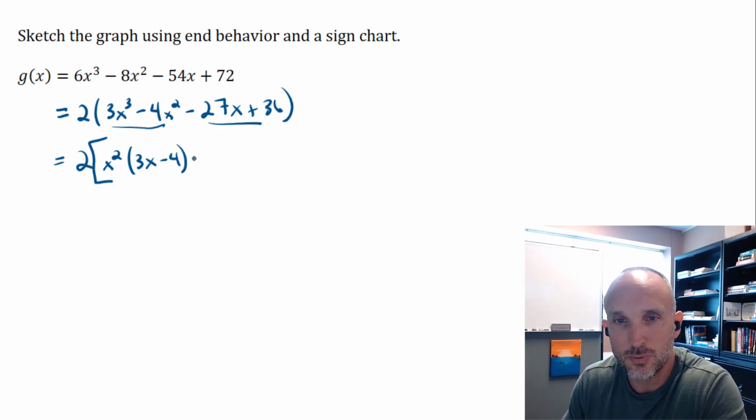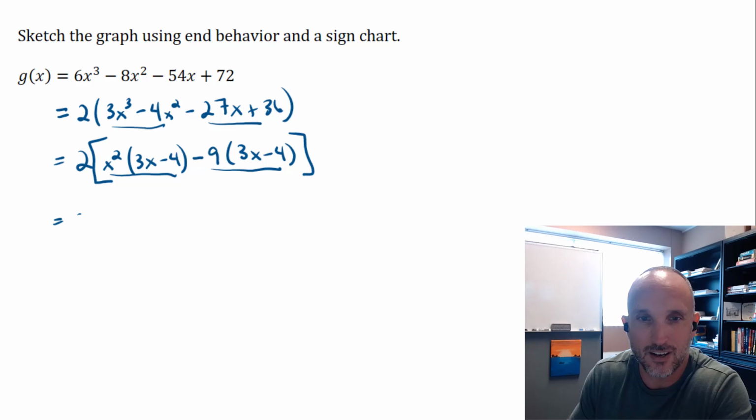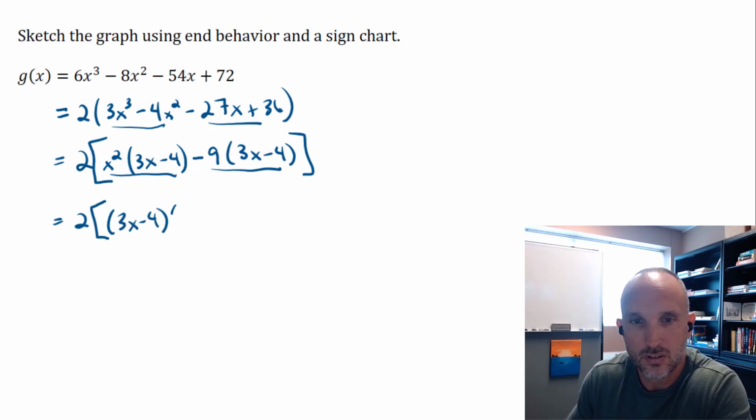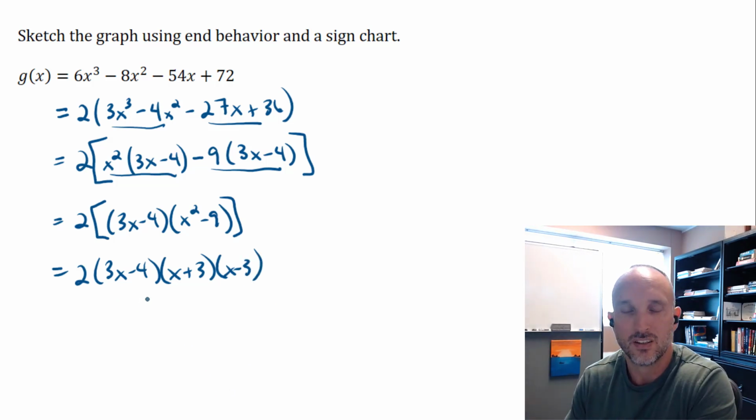And my last group, I can pull out a negative 9, leaving behind positive 3x minus 4. Okay, that's good, because the 3x minus 4's match in our two groups. Let's pull that out, leaving behind x squared minus 9. Which factors more? So I get 2 times 3x minus 4 times x plus 3 times x minus 3. All right, fantastic. We're all factored.